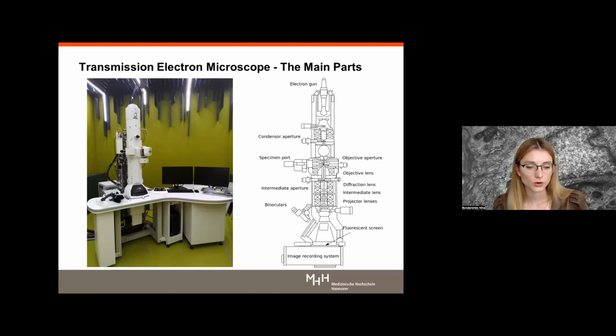And here the obligatory fluorescent screen, plus an image recording system, can also be present in the electron microscope.